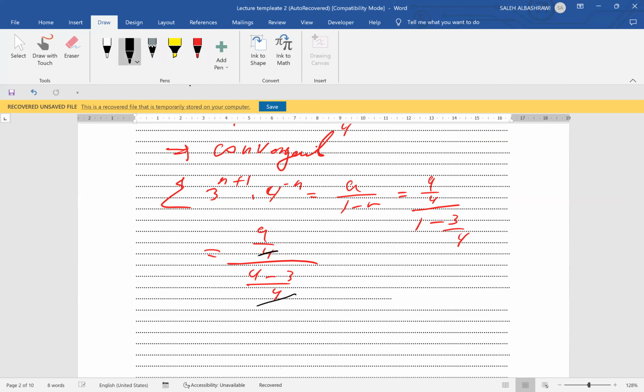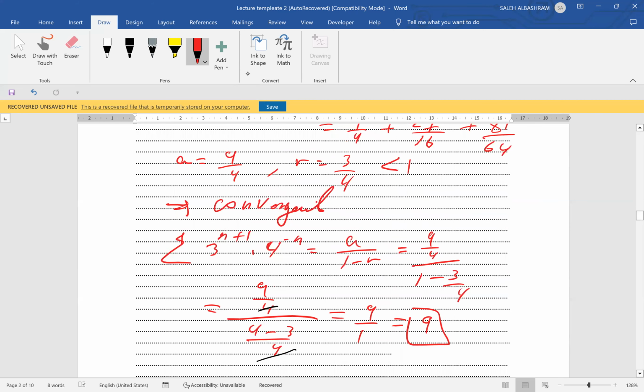This will cancel the 4s, and 4 minus 3 is equal to 1. I will have 9 over 1, which is equal to 9. So this series is convergent. It is a geometric series with R less than 1, so it is convergent, and the sum for this series is equal to 9, with n starting from 1 to infinity.